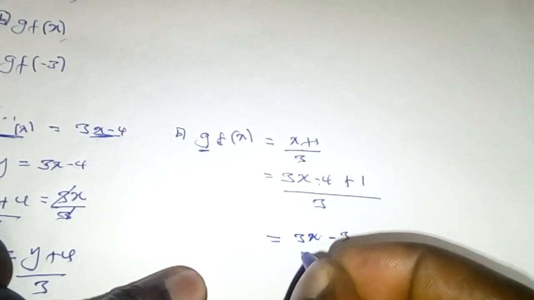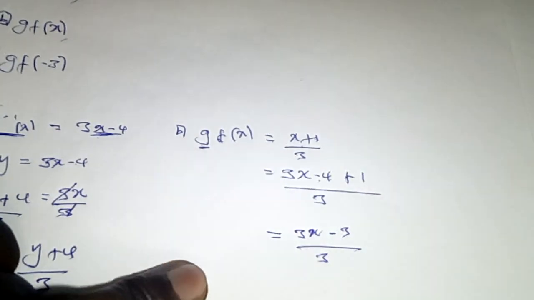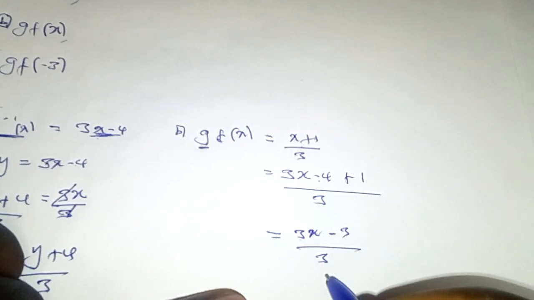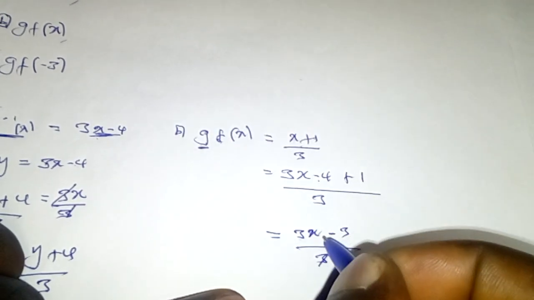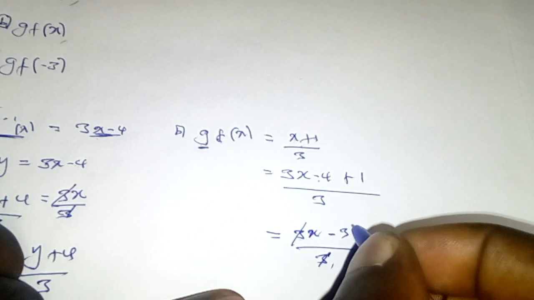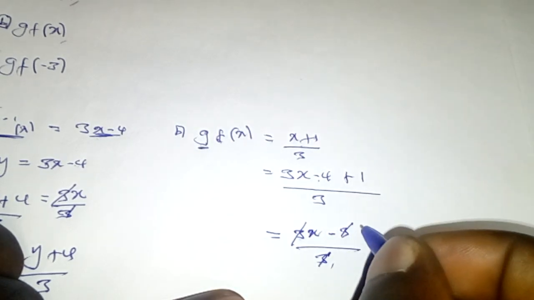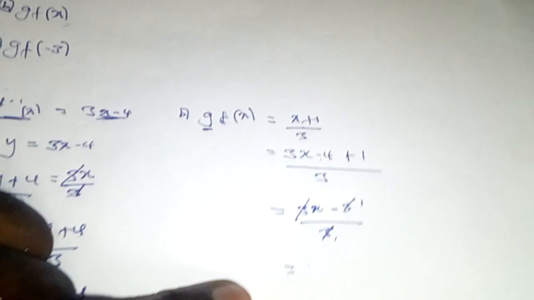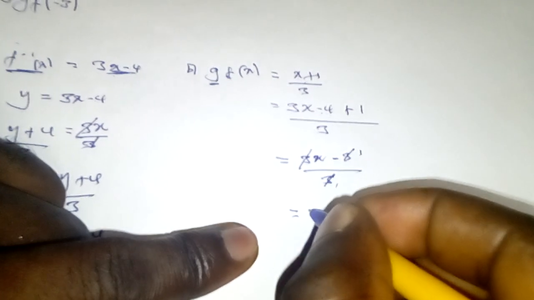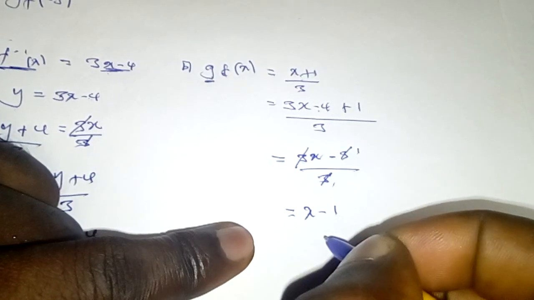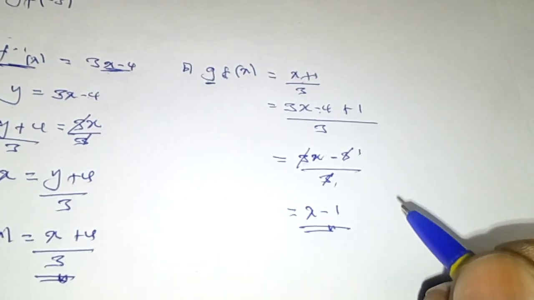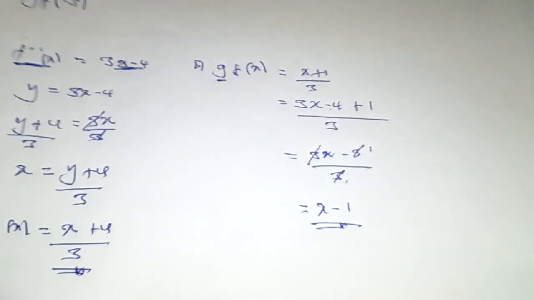It is negative 3 over 3. Here you can factorize, or simply divide 3 by 3, which is 1. So the final answer would be x minus 1, as our final answer.